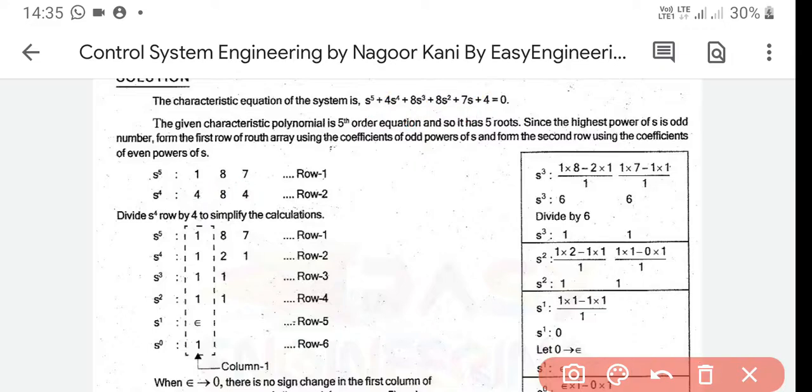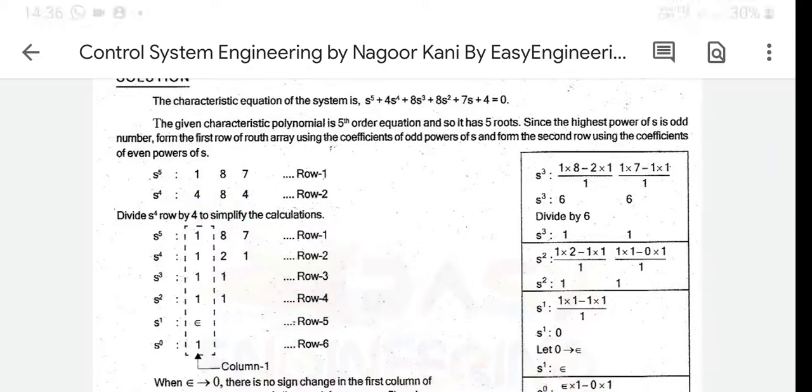Similarly the second row is constructed from the even powers, that is s power 4, s square and s power 0. The elements are 4, 8 and 4. Here you can simplify the process by cancelling the terms with a 4, giving 1, 2 and 1.